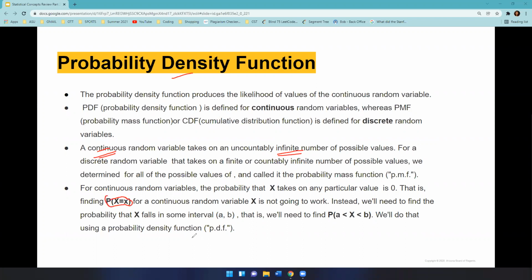For a continuous value, it does not make sense to calculate the probability for a particular value like x equals 1 or x equals 2. For a continuous variable, we try and calculate this particular probability, which means what is the probability that this x lies within the range a and b. So instead, we'll need to find the probability that x falls in some interval. And that probability is basically PDF.